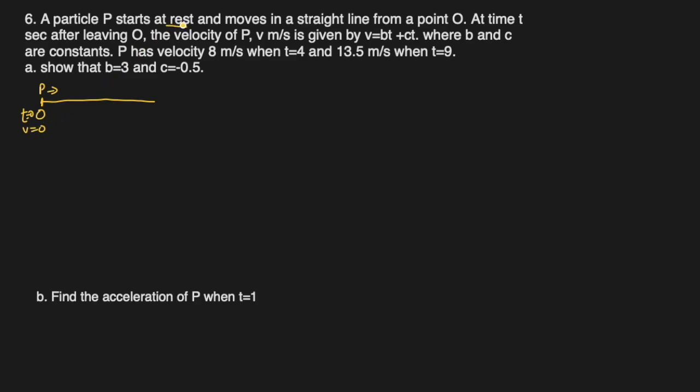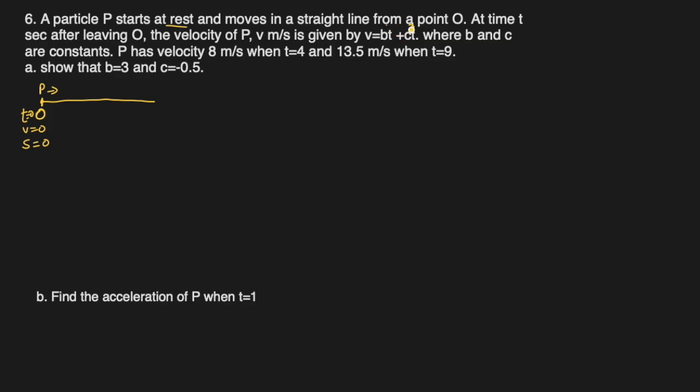That's why it started from rest. And of course the displacement at that time was also 0, because it was at the point O. This is what we interpret from what they've given here. So the velocity of P, v meters per second, is given by v equals bt plus 3 plus ct to the power 3 over 2, which is not written here.